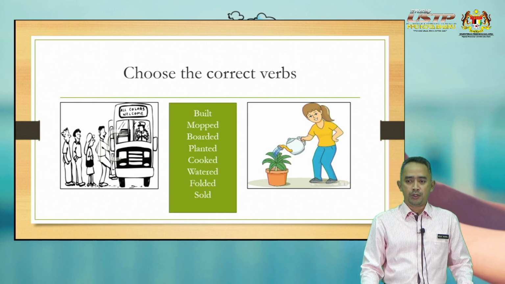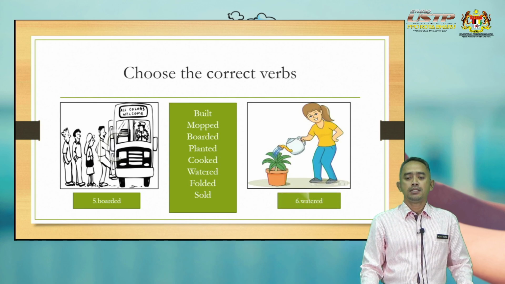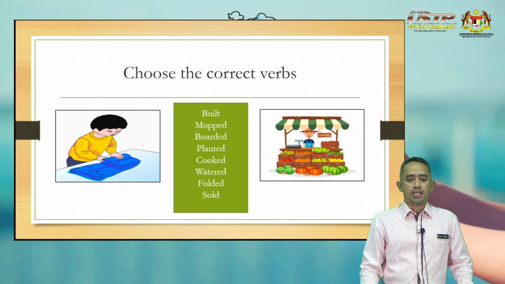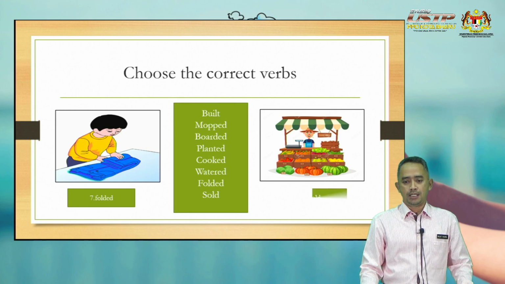Now we look at the answers. Number 5, boarded. Number 6, watered. Next, look at the picture and the answers. What are they doing? For number 7, folded. Next, number 8, sold.